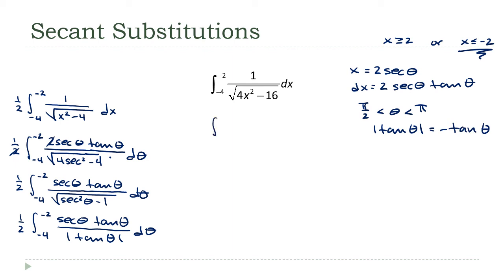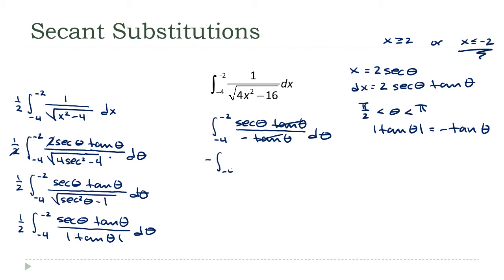This will be the integral from -4 to -2 of secant theta tangent theta over negative tangent theta d theta. Okay, now the tangents cancel. Let's bring that negative out.